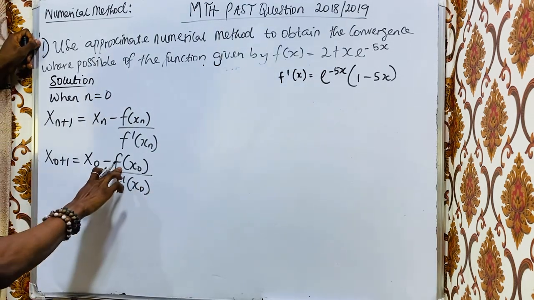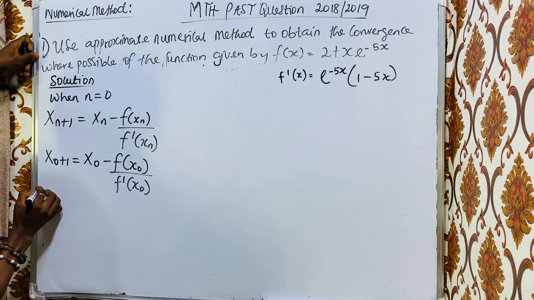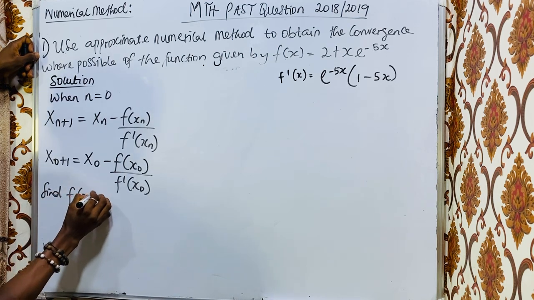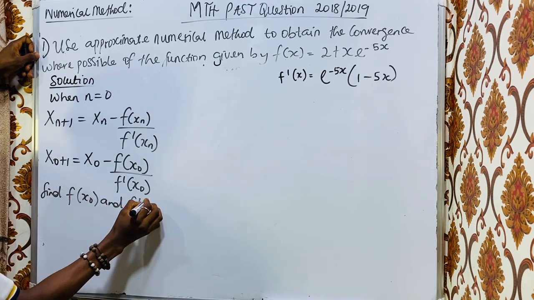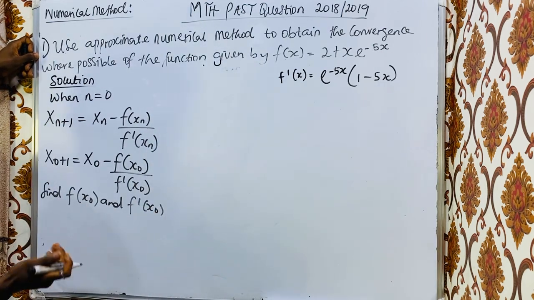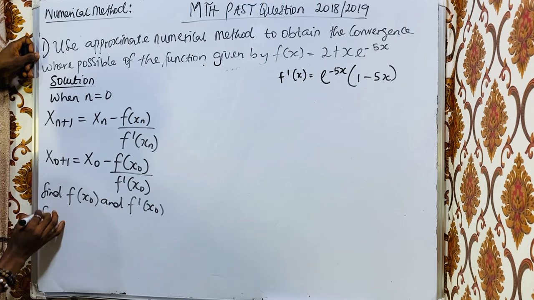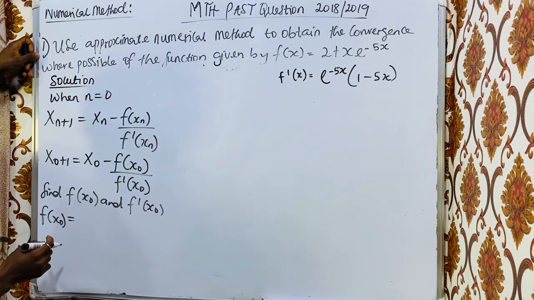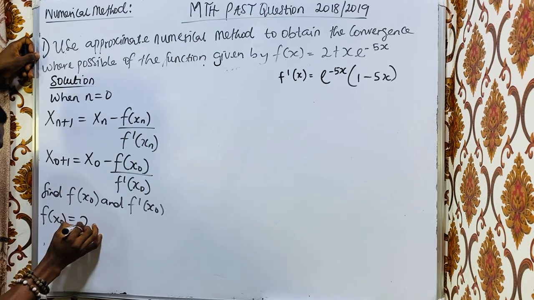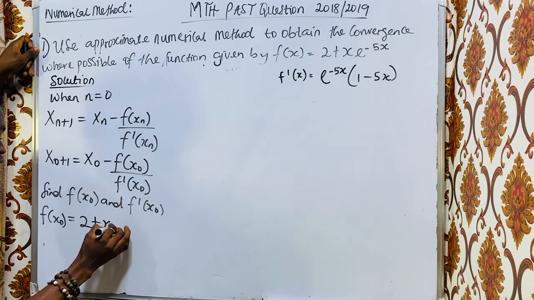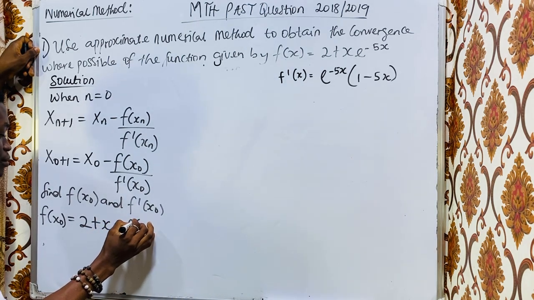But we don't know what our x0 is, so let us find it. So we are going to find f of x0 and f prime of x0. This is what I wanted to do before this, but nevertheless. So to find our f of x0, we know the value of x0, so we put it in this f of x, 2 plus x exponential negative 5x, right?